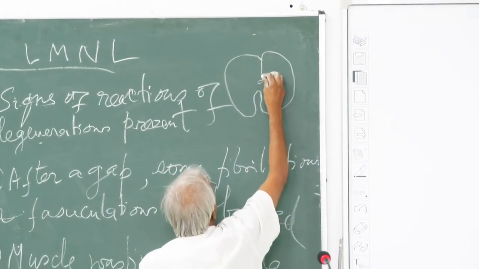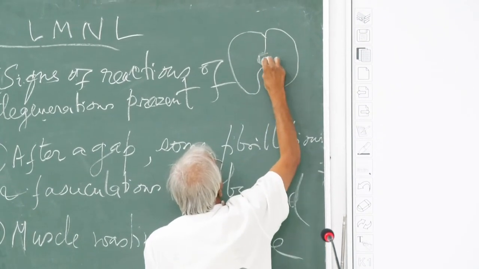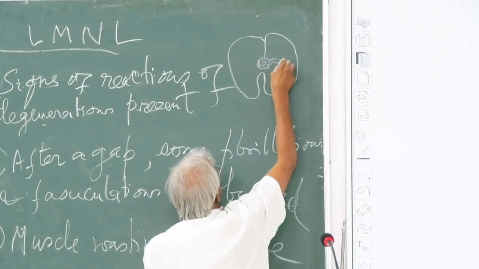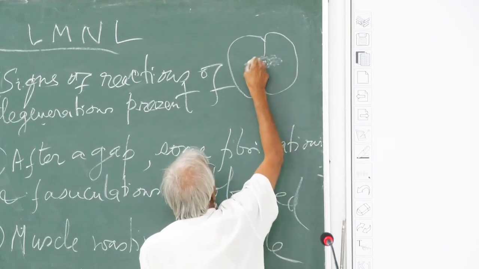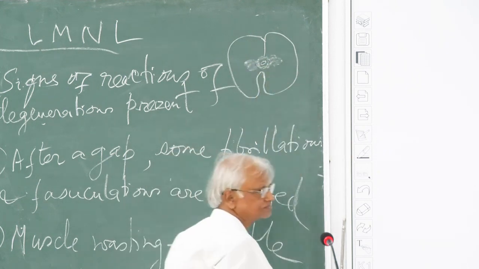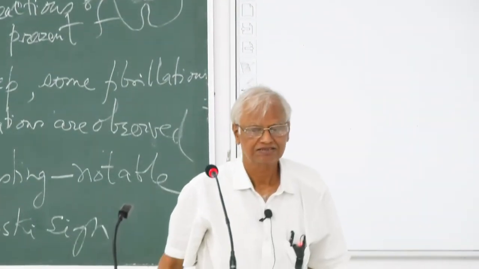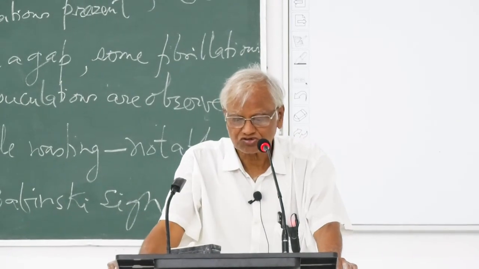Only these tissues are damaged. This is called syringomyelia.